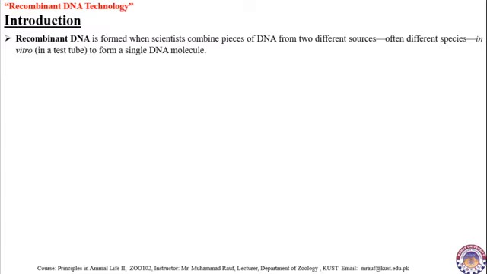Means you have two organisms belonging to two different species and you collect DNA molecules from both of them and then you join them with the help of enzymes. Then the product, the hybrid DNA product which is formed is called recombinant DNA.